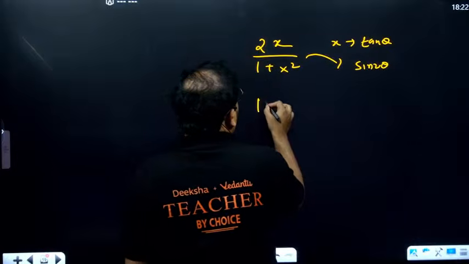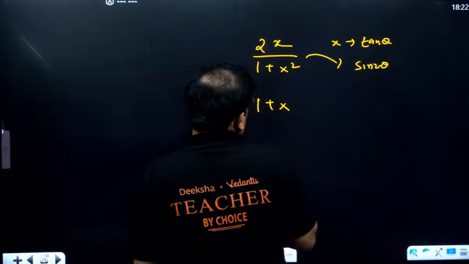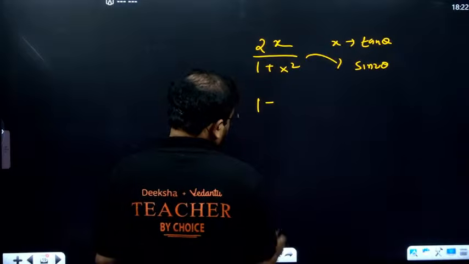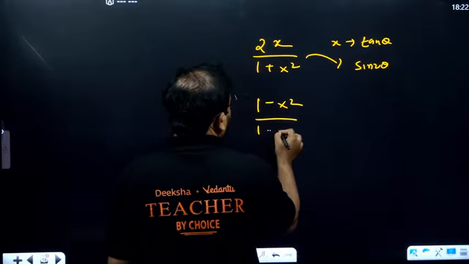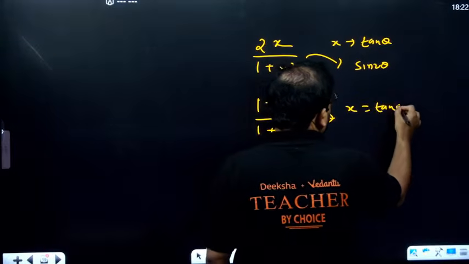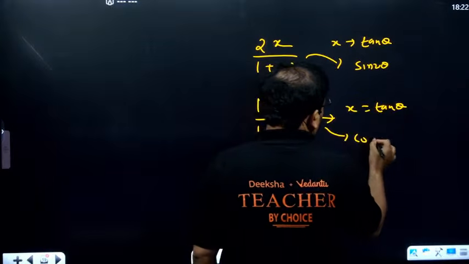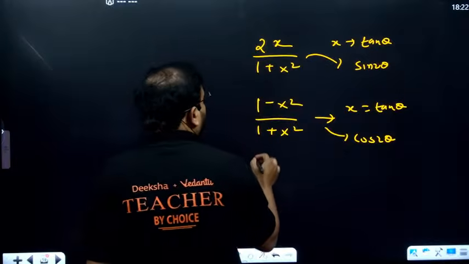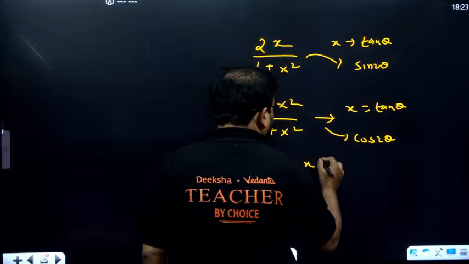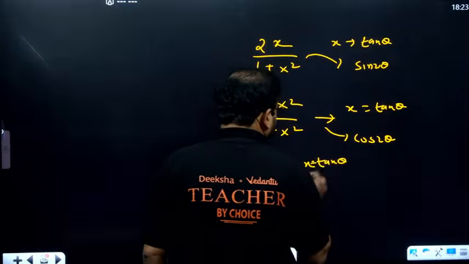Then we have 1 minus x square upon 1 plus x square. If you take again x as tan theta, this value becomes cos 2 theta. If you have 2x upon 1 minus x square, take again x as tan theta, this value becomes what?